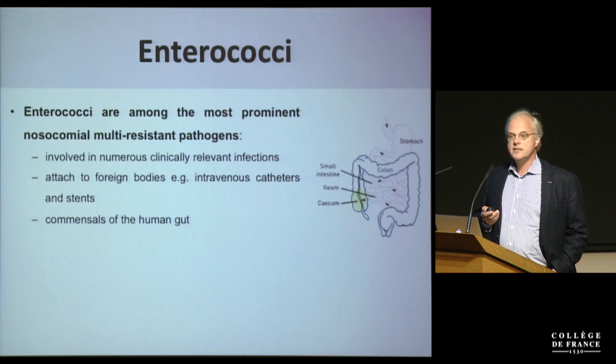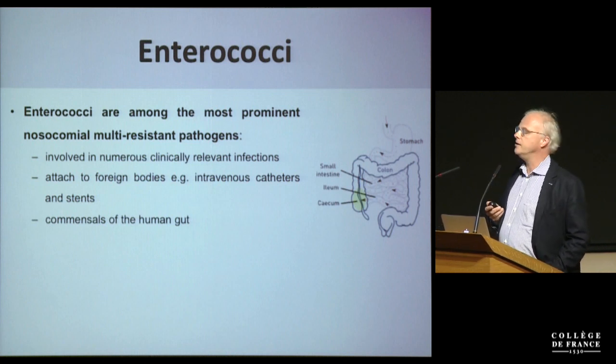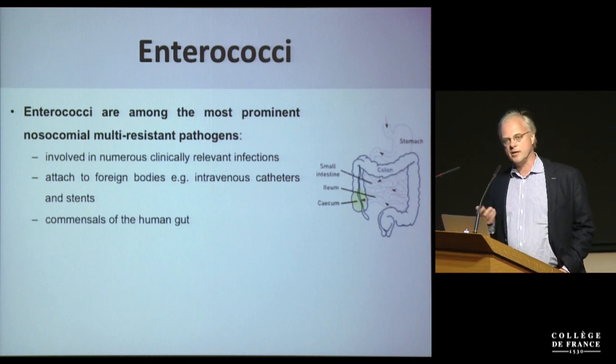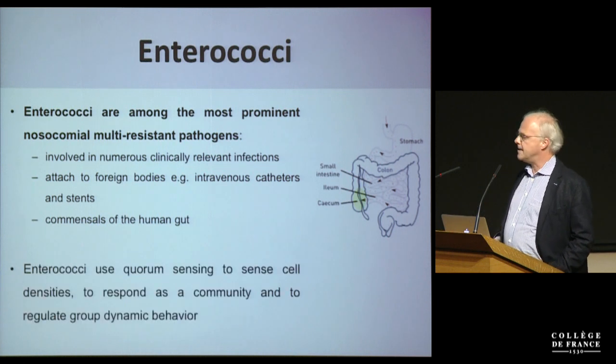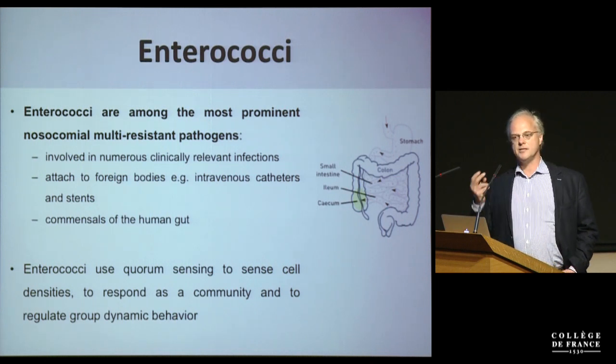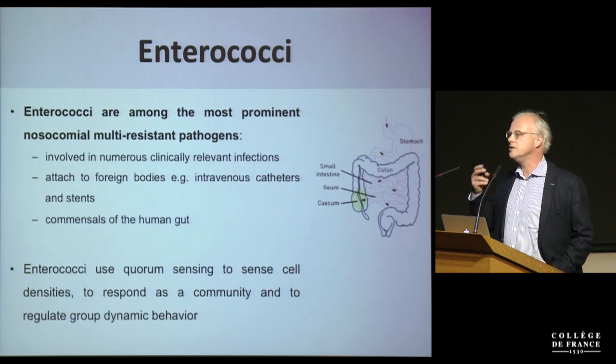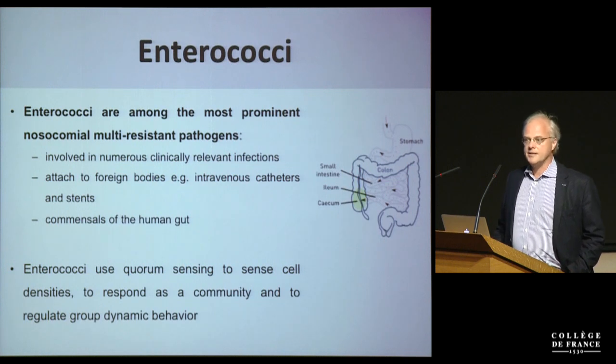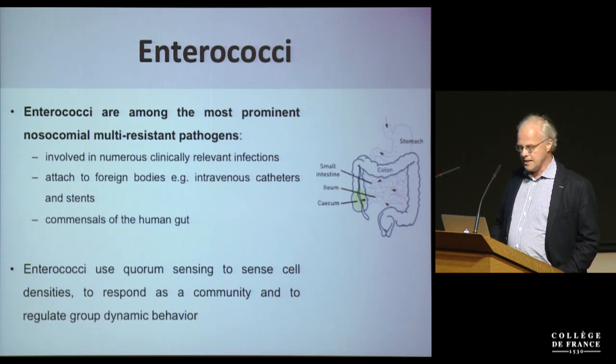It's a normal commensal of the human gut. We probably all carry Enterococcus in our gut in low numbers. And for a long time, it has been known and it has been thought that Enterococci use quorum sensing. There's a number of two-component systems described, and very early on, LuxS has also been found in Enterococcus.